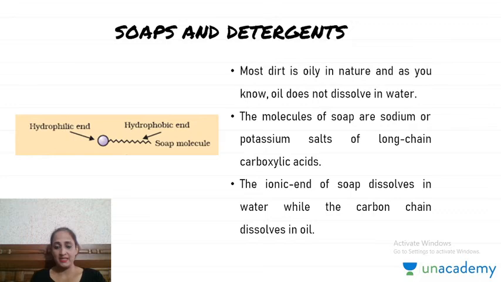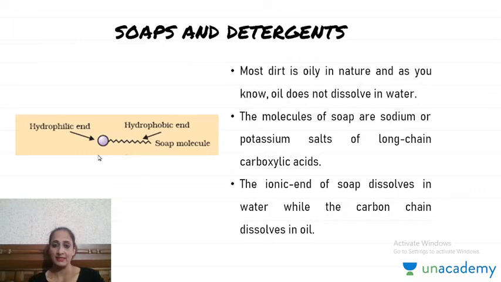So soaps and detergents. What do we know about the soap molecule? Here is the structure of a soap molecule. It has a hydrophilic end and a hydrophobic tail. Let's first understand what is hydrophilic and what is hydrophobic. Hydro is water, philic is love for water.